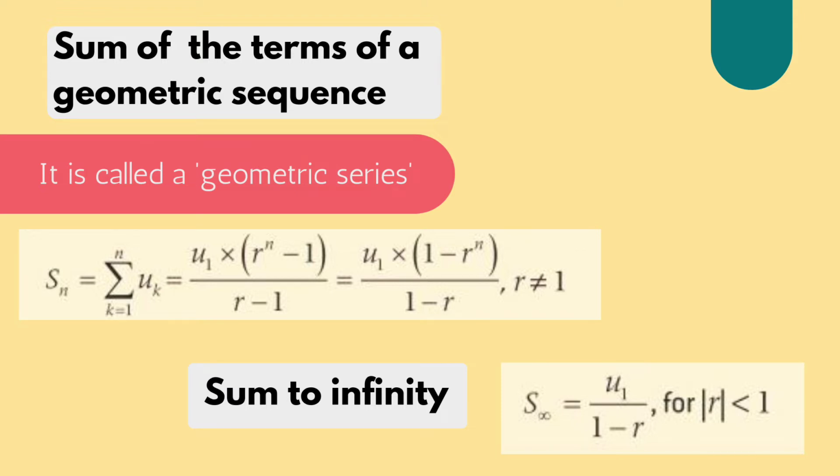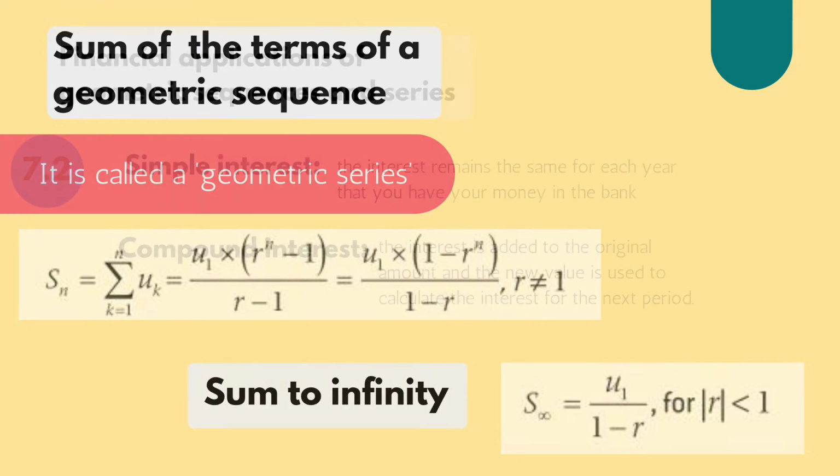Both of these apply when r is not equal to 1. And the formula for sum to infinity is S_infinity equals u_1 divided by (1 minus r), and is applicable when the modulus of r is less than 1.